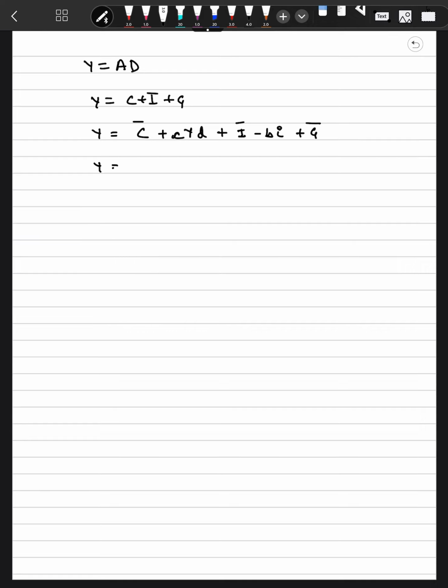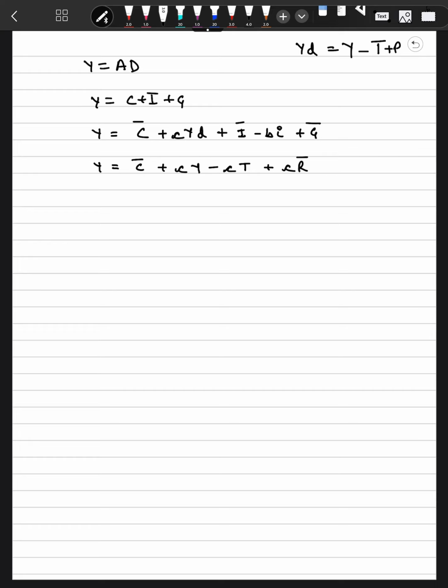So we say Y is equal to C bar, and suppose Yd is disposable income, and Yd is equal to total income minus taxes. So we are going to substitute this over here. So this will be small c Y minus small c T plus small c R bar, if we are saying that government is giving any kind of transfers.